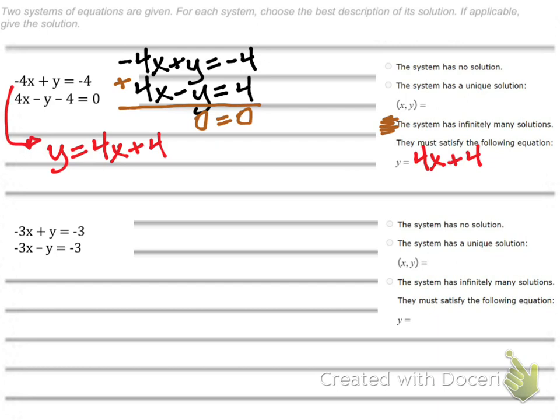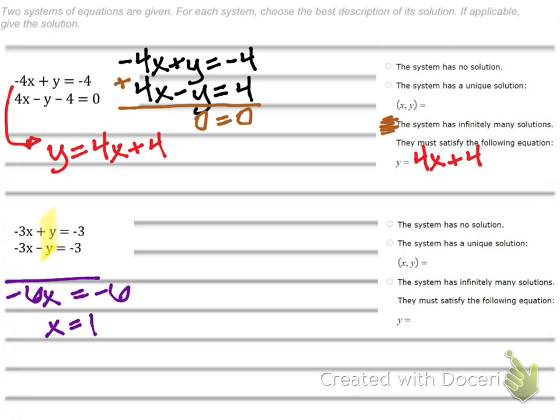Okay? Let's do another one. On this one, everything's in the right spot, right? And you see that I can get rid of the y's. So let's add these together, and we will have negative 6x equals negative 6, right? And then dividing both sides by negative 6, x is 1.